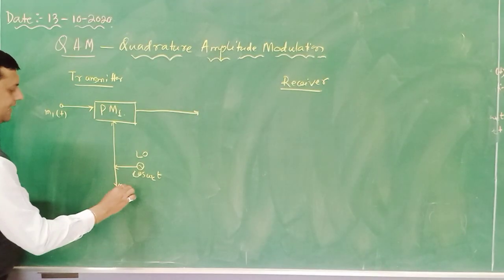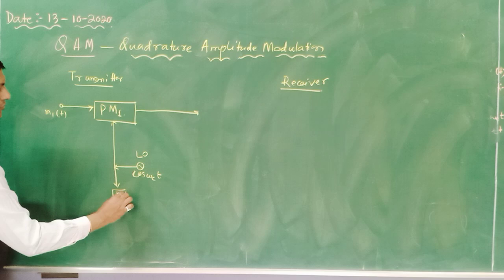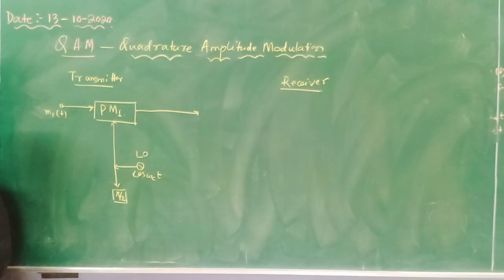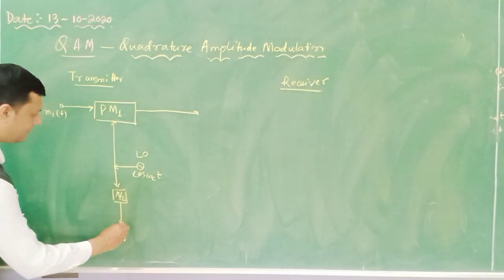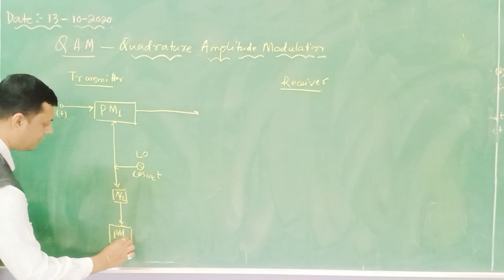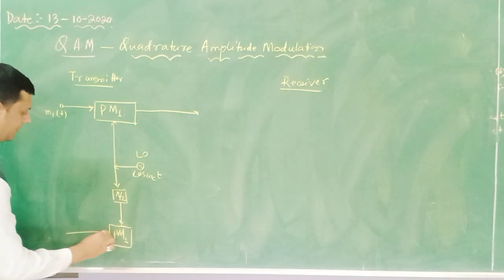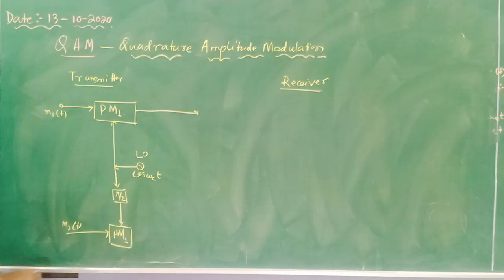Now the same carrier is provided to the pi by 2 phase shifter, which means if I provide cos to this, it will become a sine. In the second product modulator, I am transmitting another modulating signal.